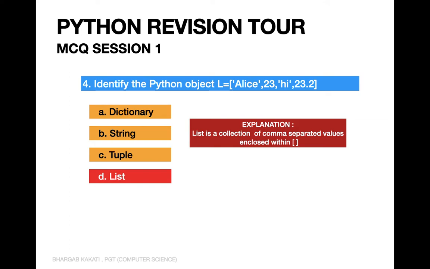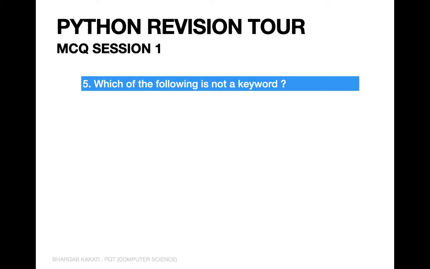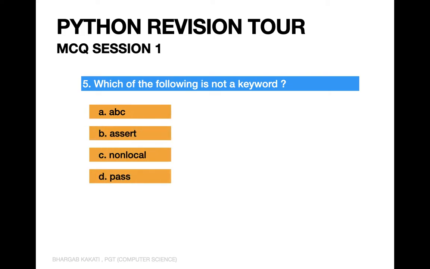Let's move on to the next question, which is which of the following is not a keyword? And the options are ABC, assert, non-local and pass. Now, what is the meaning of the word keyword? There are certain reserved words in any programming language which have certain meaning to that particular language. So, those meanings are already defined.